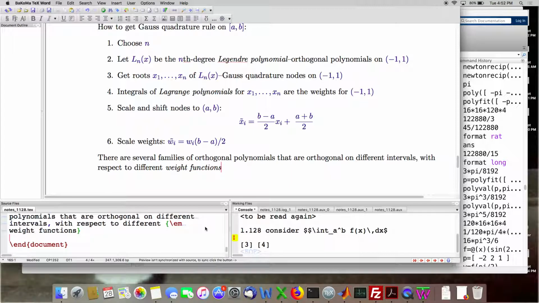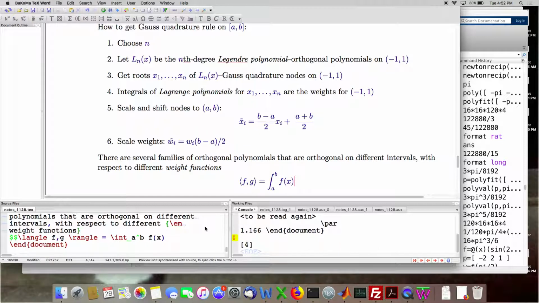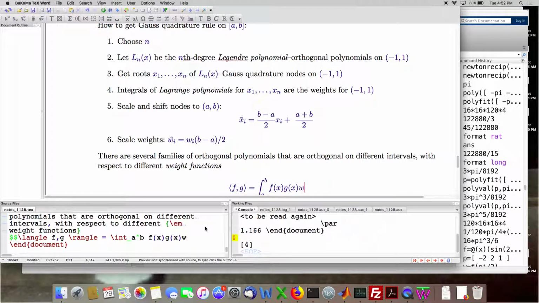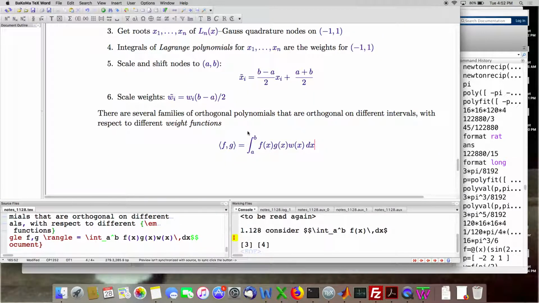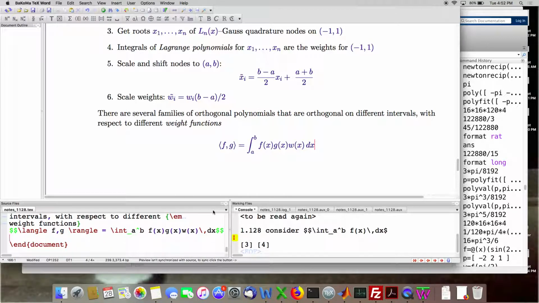What I mean by a weight function is that the inner product that defines orthogonality is, you have f(x), g(x), and then you have a third function in here, w(x). That's the weight function. So once you have [a, b] determined and then w determined, that describes your inner product. That describes in what sense you're saying polynomials are orthogonal. So examples, so Legendre polynomials.